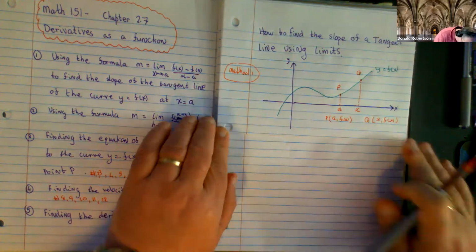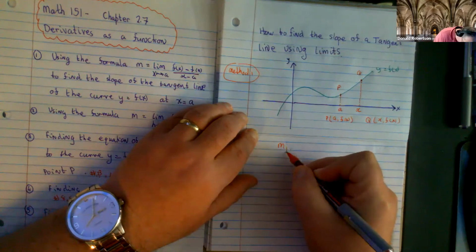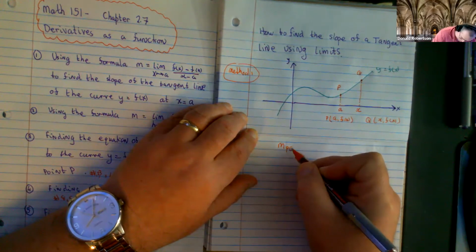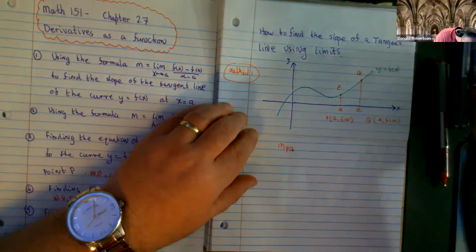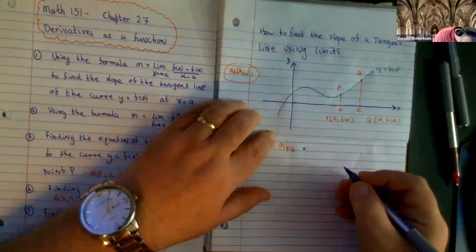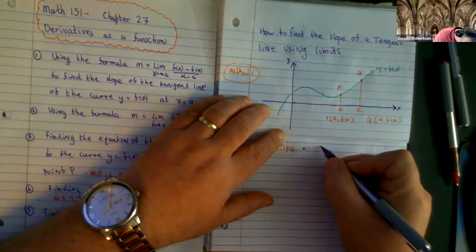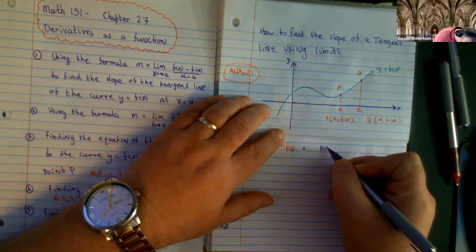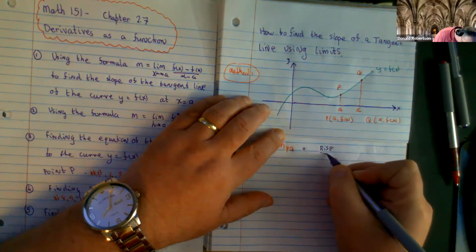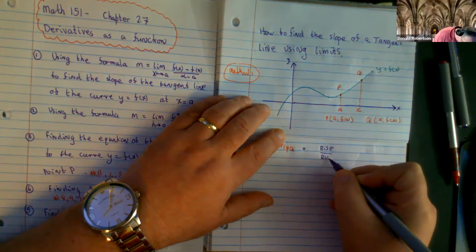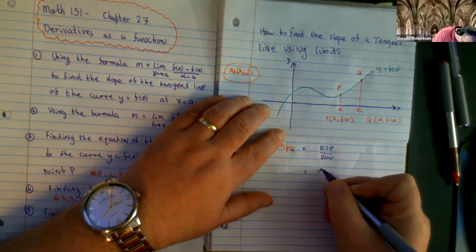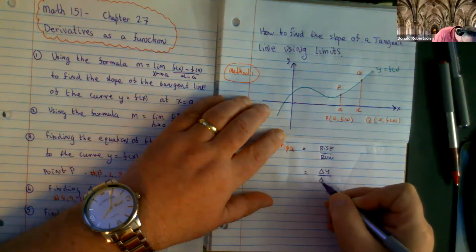Now I can find the slope of the line joining P to Q. The slope of the line joining P to Q is essentially the rise divided by the run, which is the difference in the y coordinates divided by the difference in the x coordinates.